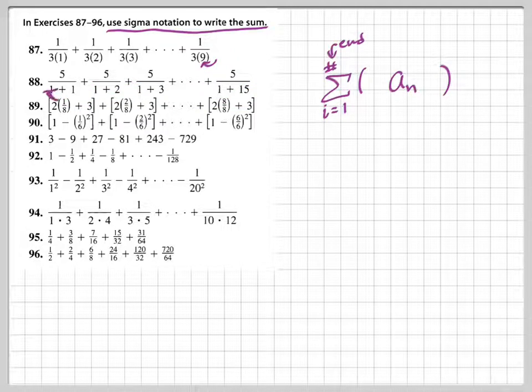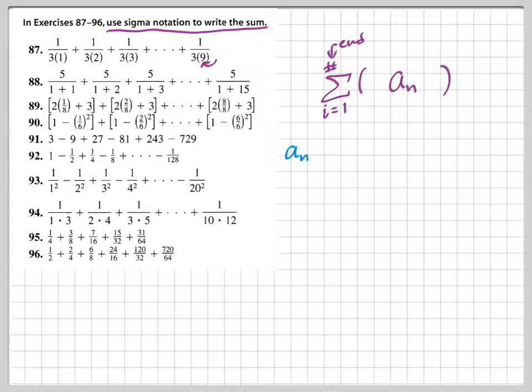It's just a 1, and first you add a 1, then you add a 2, then you add a 3, so that's going to be the term getting plugged in. The ones like this, you're going to have to figure out what the pattern is. But let's go ahead and do that one. Let's define an nth term for that one and then plug it into sigma.